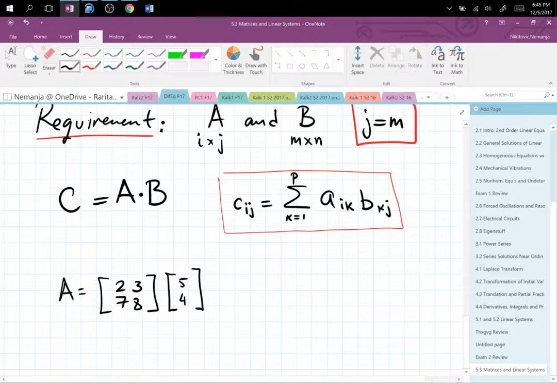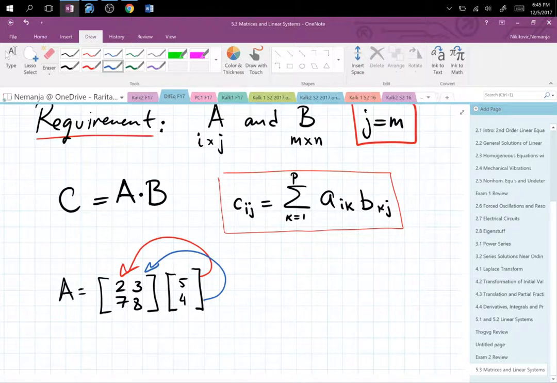I'm going to take 5, 4 and put it on top of 2, 3. So 5 goes on 2 and 4 goes on 3, just as if you pick up the two values and superimpose them.